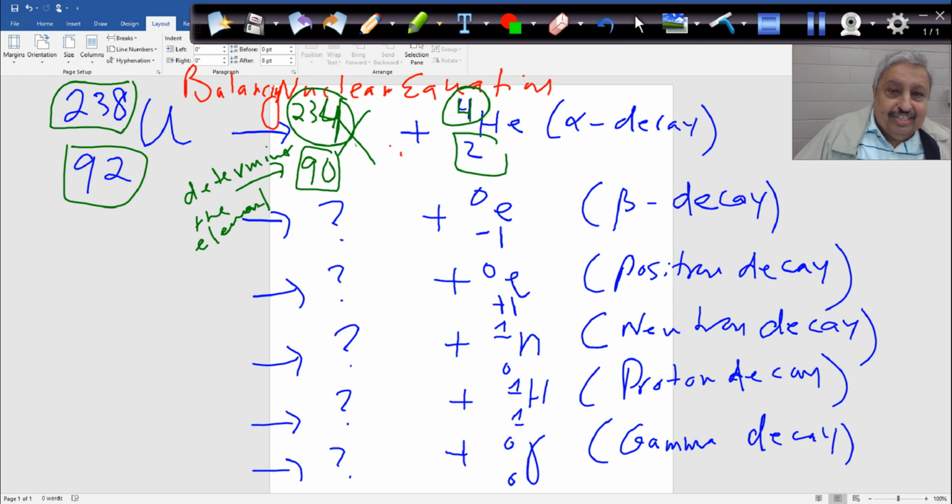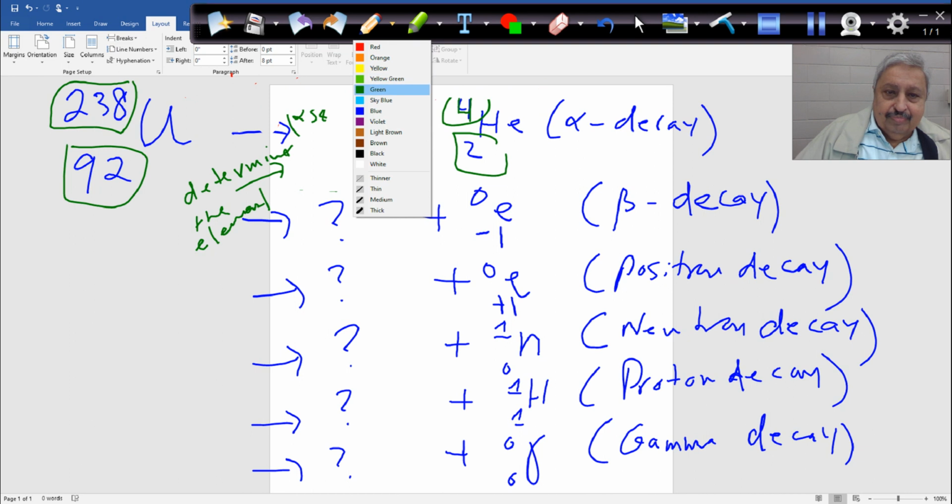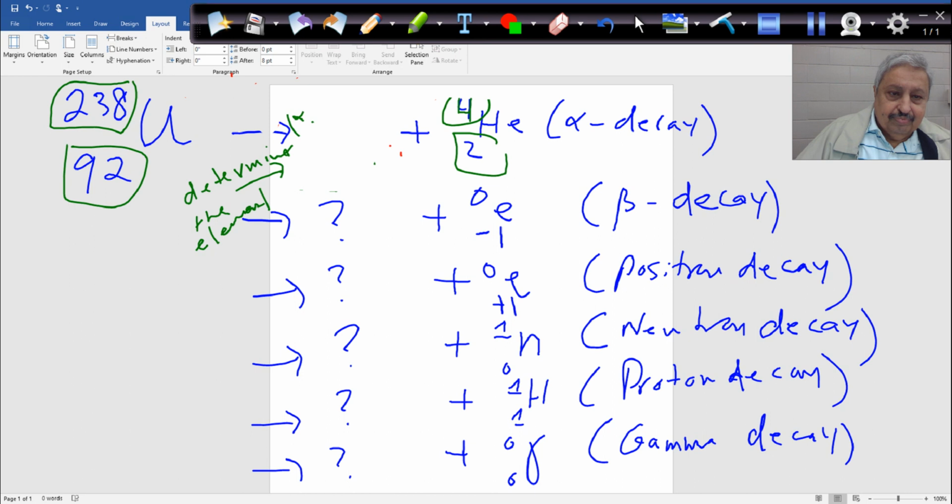So therefore, for this element, I'll take the whole thing out and write the correct answer here, in red.